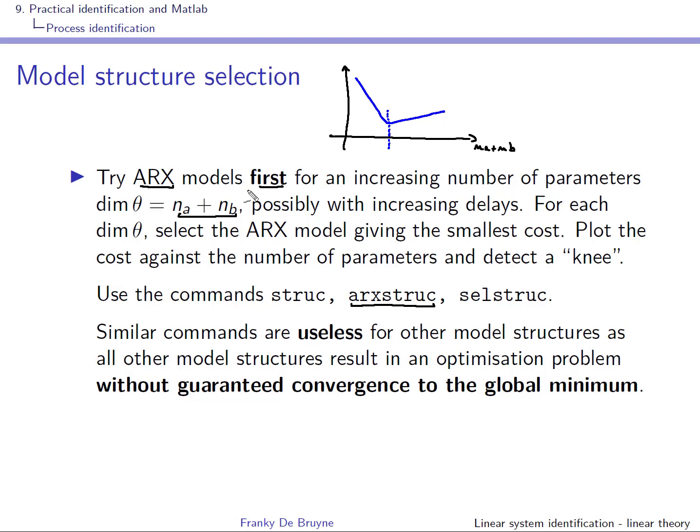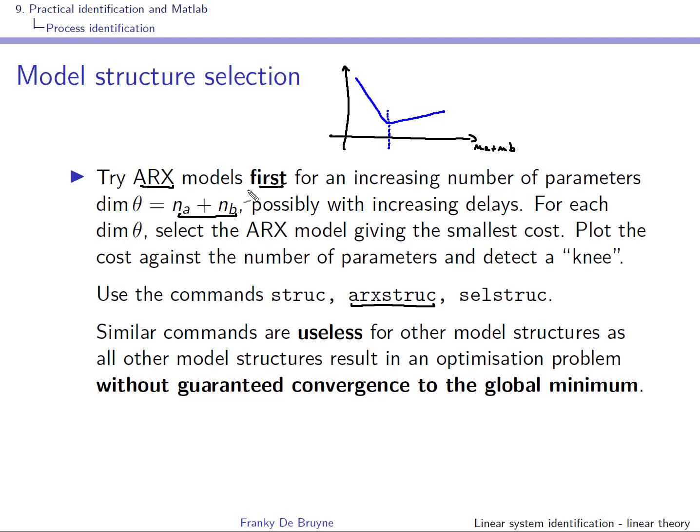Comparing output error model structures would not make sense, because when you identify an output error model, you do not have the guarantee that you have ended up in a global minimum. When you start comparing output error models, you might compare a model that has converged to the global minimum with another one that has ended up in a local minimum, and that would not be very useful.